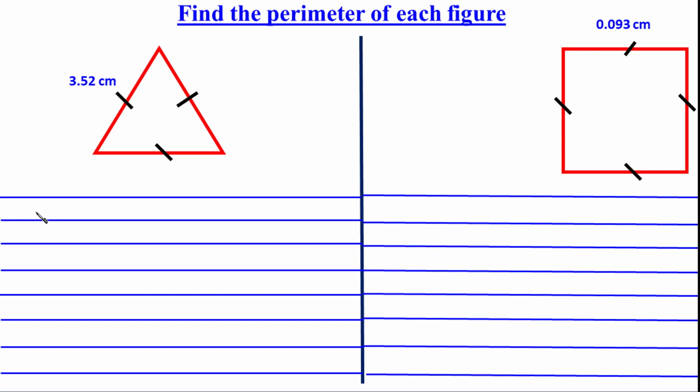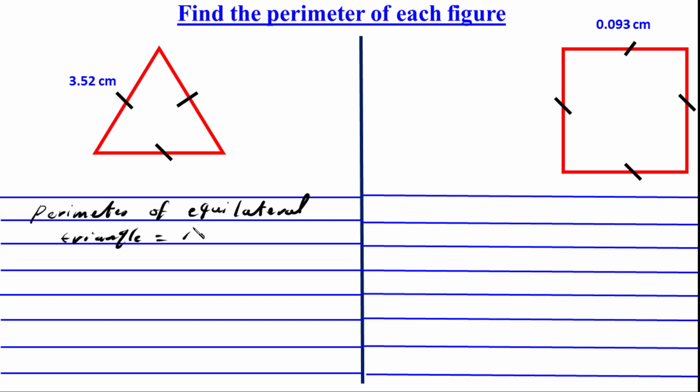So the perimeter of the equilateral triangle, it's a rule, you must study it, equals what?